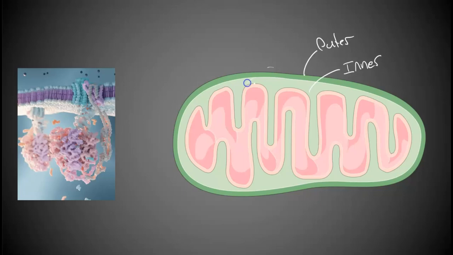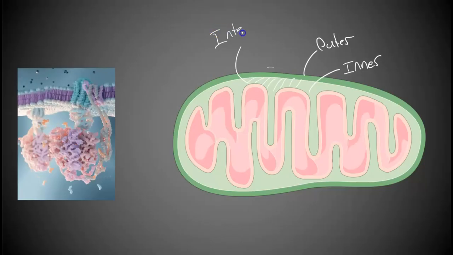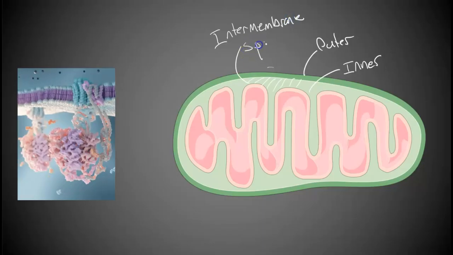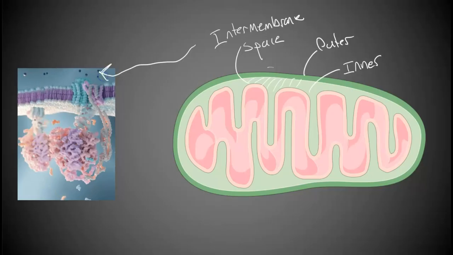And the space between those is called the intermembrane space. Okay, that is what you're seeing right here. That is the place where protons accumulate. That is where the proton gradient is established.